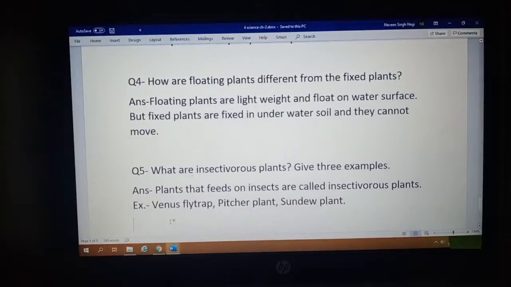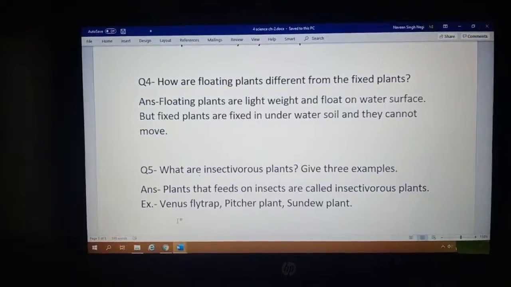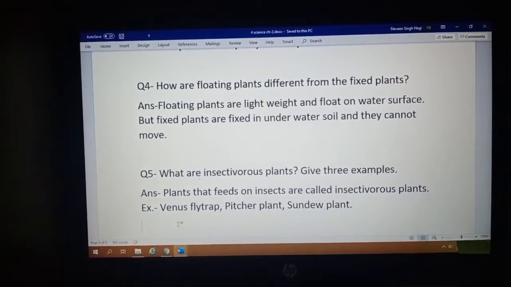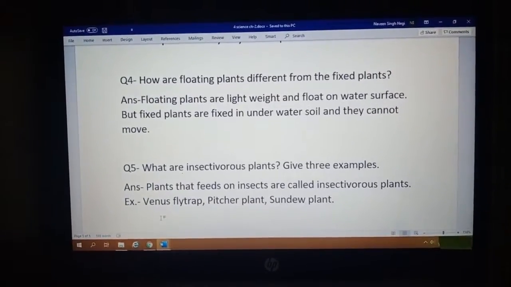Now students, question number 5 is, what are insectivorous plants? Give 3 examples. Means you have to tell what you mean by insectivorous plants, with 3 examples.